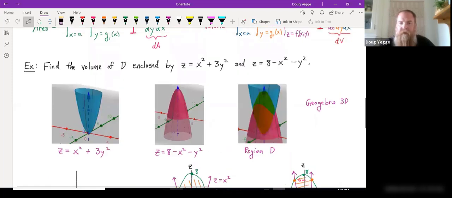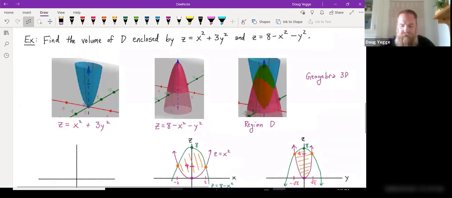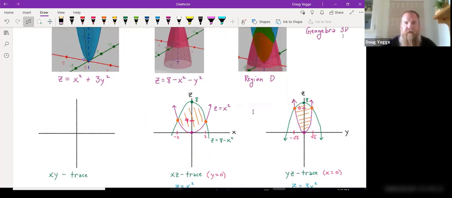The XY trace is typically when you set z equal to 0. Traces are normally when you set the corresponding variable to 0, but it could also be set to any function.